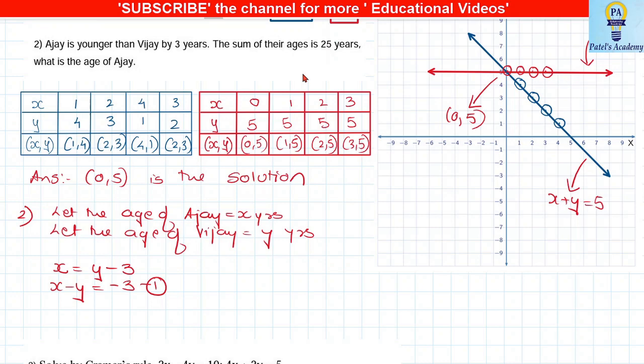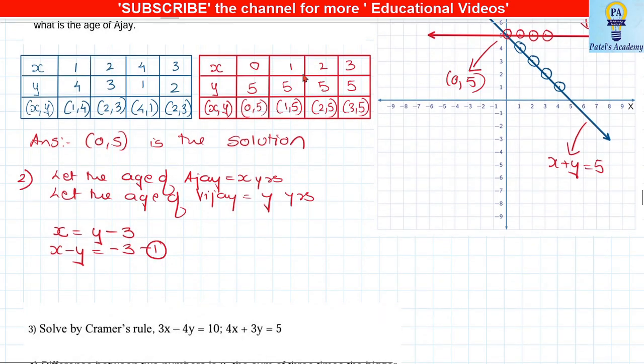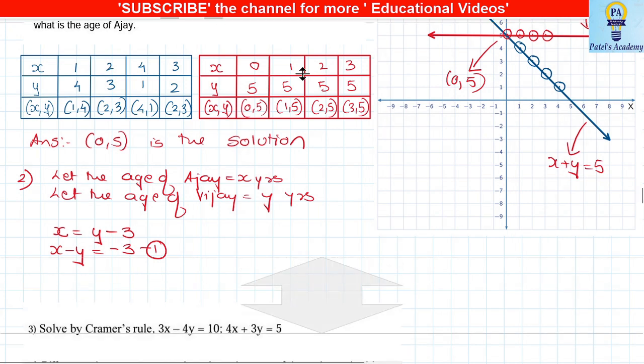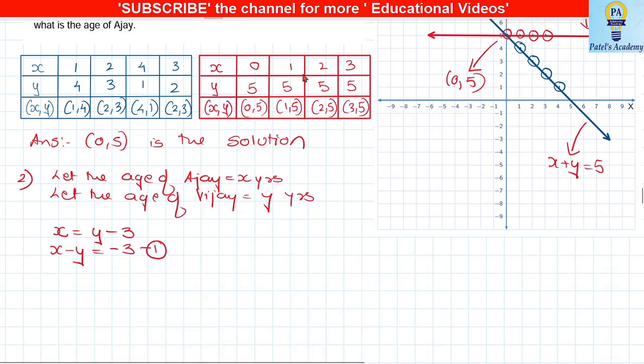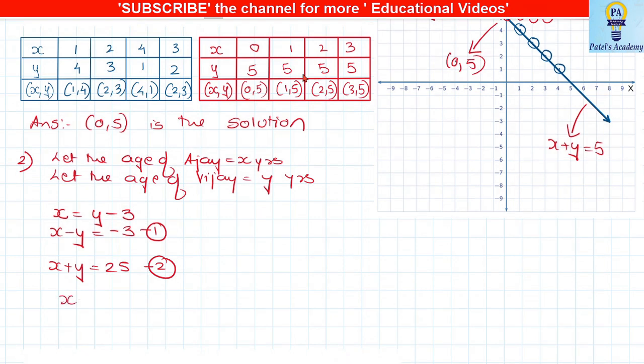Next they have given that the sum of their ages is 25. So the next condition is x plus y equals 25. What we have to do is just add both the equations. After we add the equations, x plus y equals 25, x minus y equals minus 3, this will cancel.